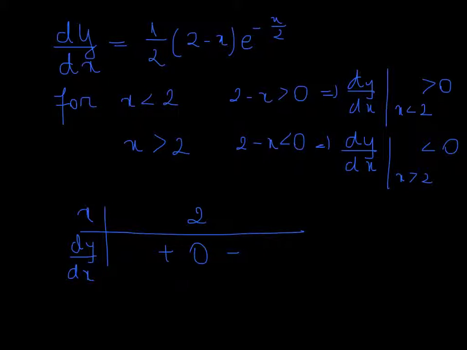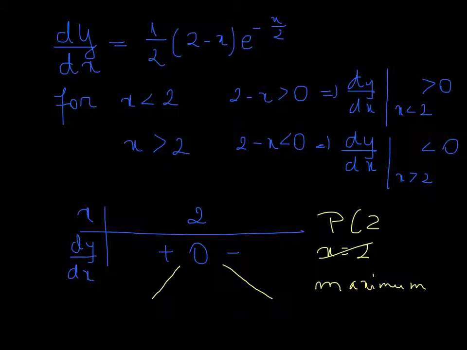So before 2 we have a tangent with a positive gradient, like this. After 2, a tangent with a negative gradient. So look at the shape, therefore x equals 2 is a point of maximum. Actually not x equals 2, but the point P of coordinates 2, 2 over e, is a point of maximum. Same result as before.